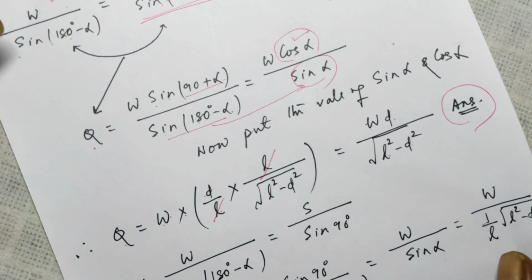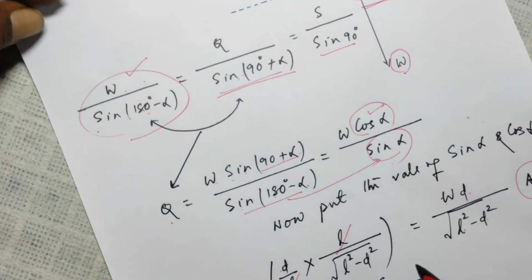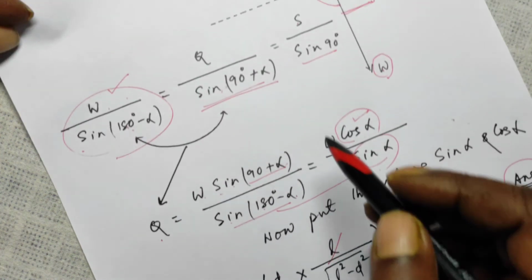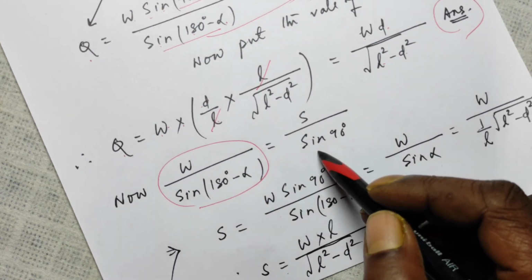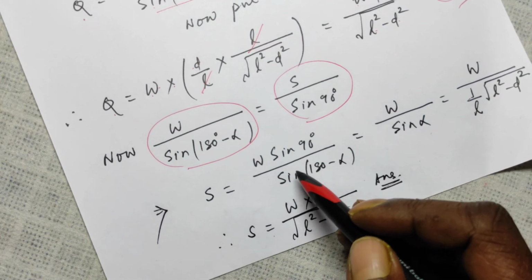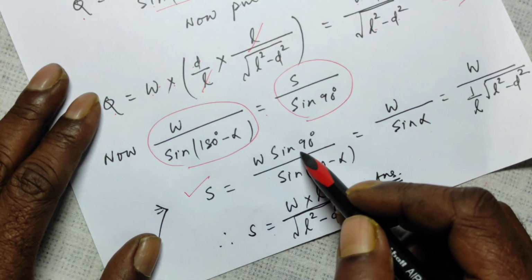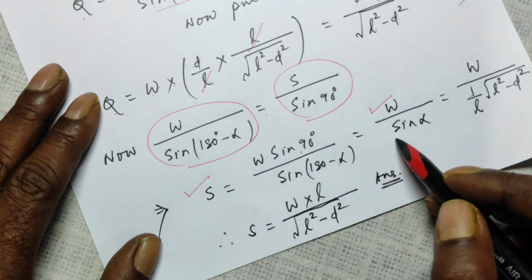Now again, W over sine of 180 minus alpha is the same thing as S over sine 90. Cross multiply these two to find S. So S is W times sine 90, which is 1, over sine of 180 minus alpha, which is sine alpha.